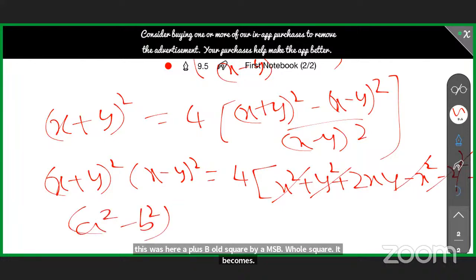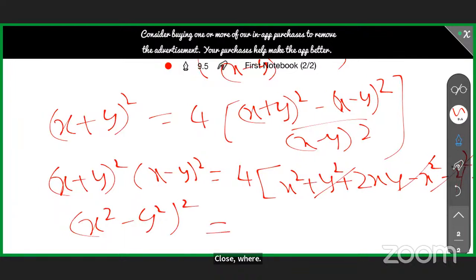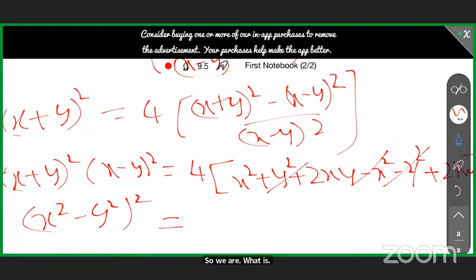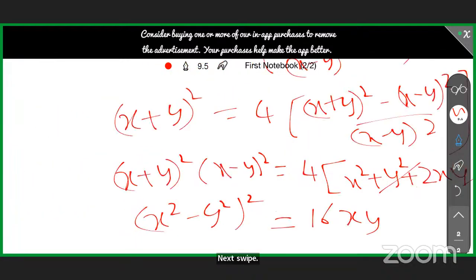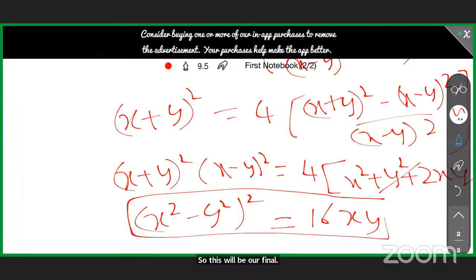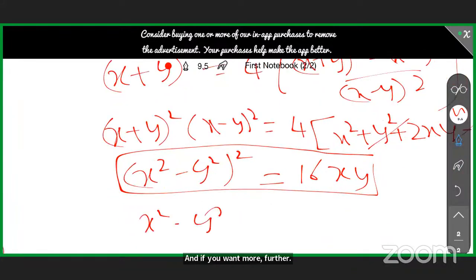That is, sorry, that will be (x square minus y square) whole square. So here what is left out is 4, 2xy become 4xy. 4 times 4 is 16xy. So this will be our final locus of the equation. And if you want to simplify much more further, we can do it. x square minus y square is equal to 4 root xy.